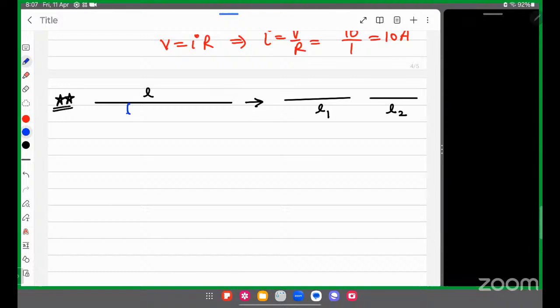If the resistivity of this wire is rho, what will be the resistivity of the wire with length L1 and the wire with length L2?